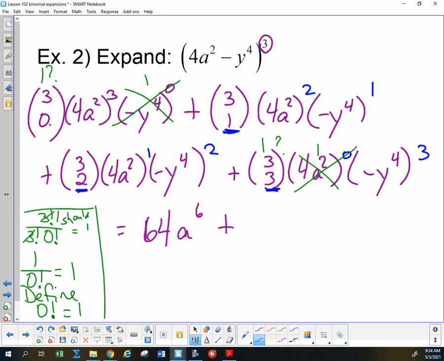Okay, my next term needs to be 3 factorial over 2 factorial and 1 factorial. 4 squared is 16. a squared squared is a to the 4th. And minus y to the 4th.